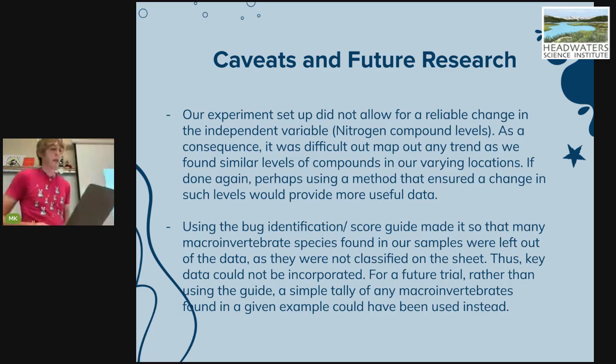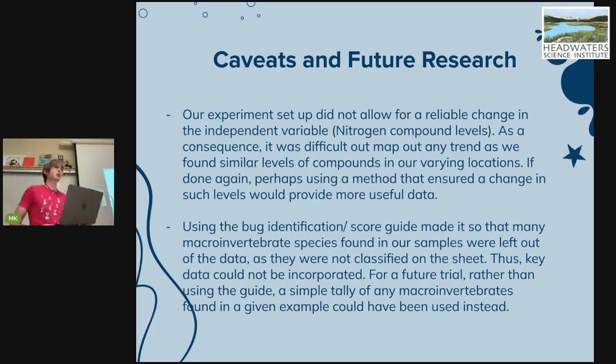Then for our caveats, definitely our data could be taken with a bit of a grain of salt. One thing is, as I touched on in our results, there wasn't that much variation, and so there was no way to reliably change or manipulate our independent variable. We were just hopping around from station to station, hoping that there would be some sort of change, but there was no guarantee of that.